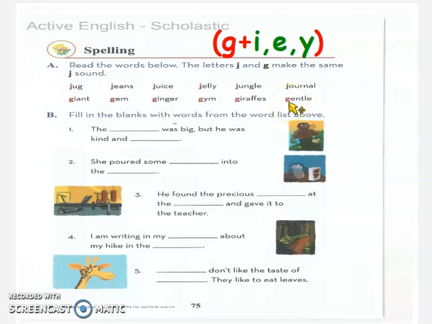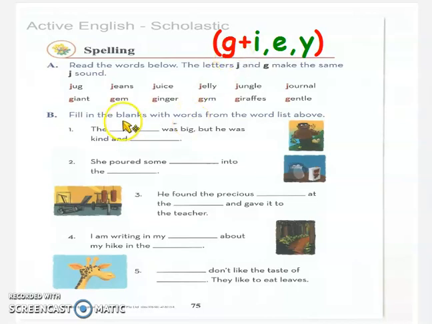Excellent, my students. So again, these 3 letters following the letter G make it pronounced J.